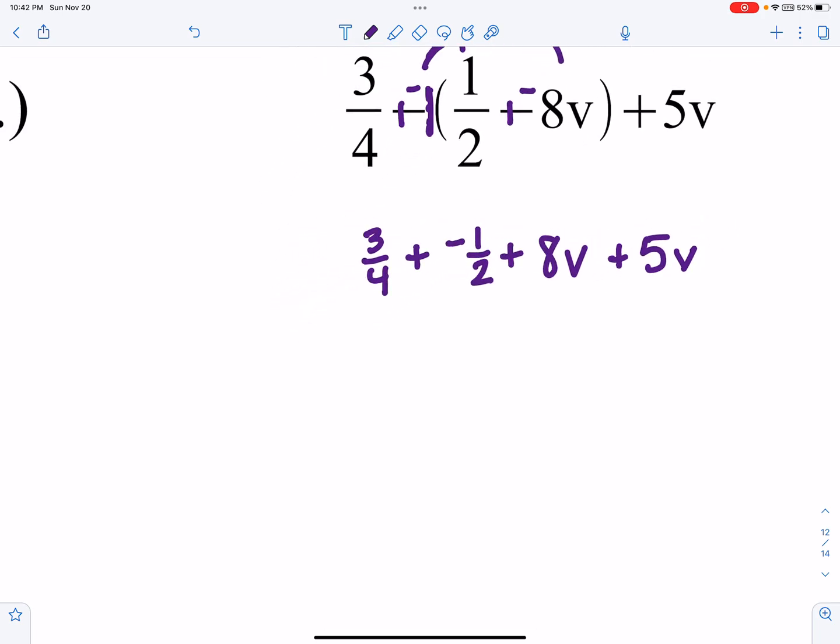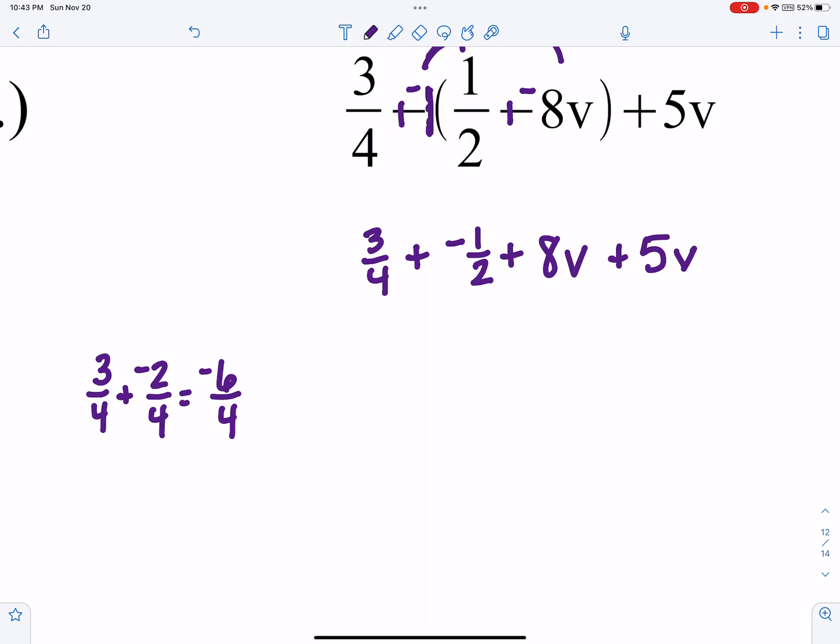I need common denominators. You might be able to just do this in your head, but I'll write it down here anyway. I'm going to change the -1/2 by multiplying by 2/2, and I end up with -2/4, and then we get -6/4 for that, okay?